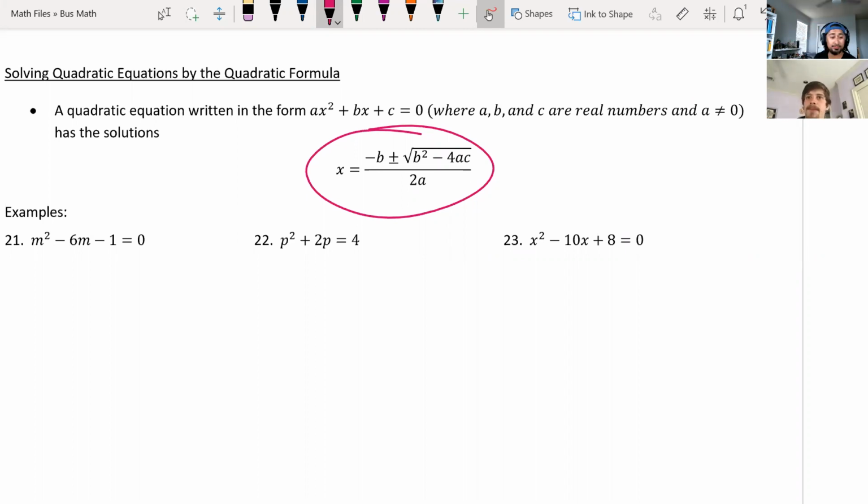Whew, remember that one? Been a while, right? So all you have to do is know what a, b, and c are from the given equation and plug them into that formula above.